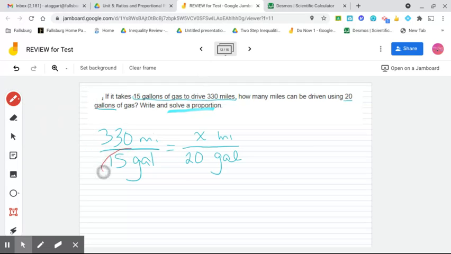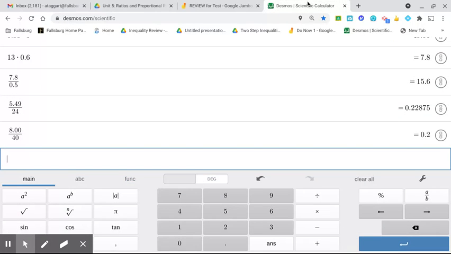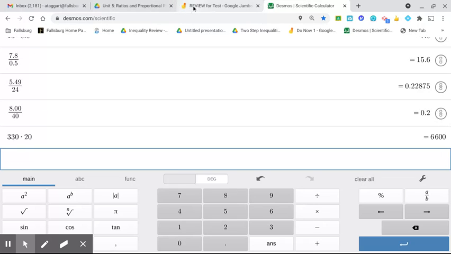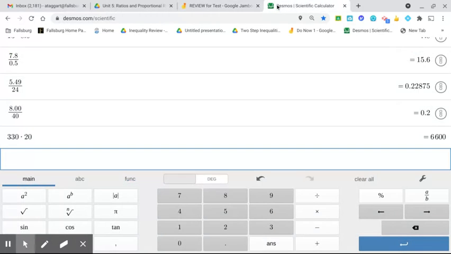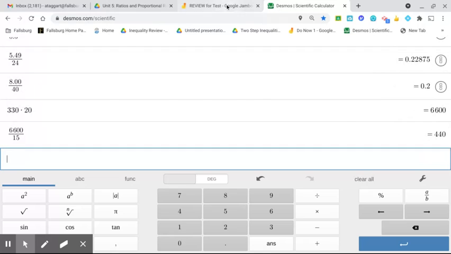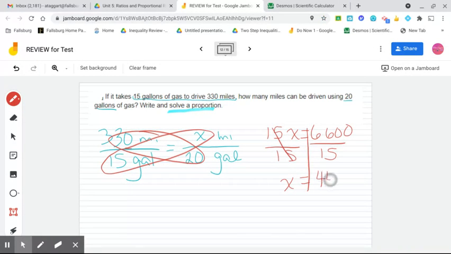So we're going to solve this proportion. So we cross multiply. 15 times X is 15X. 330 times 20 gives me 6,600. Last, I'm going to divide both sides by 15. So 6,600 divided by 15 gets me 440.